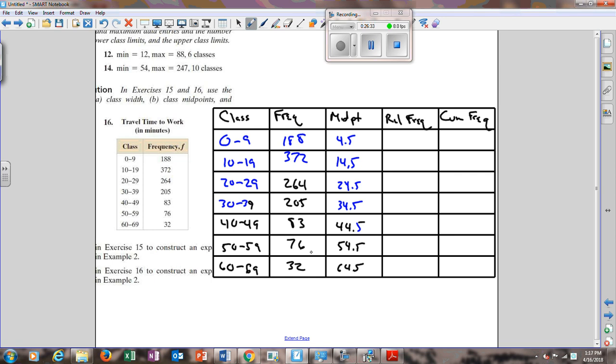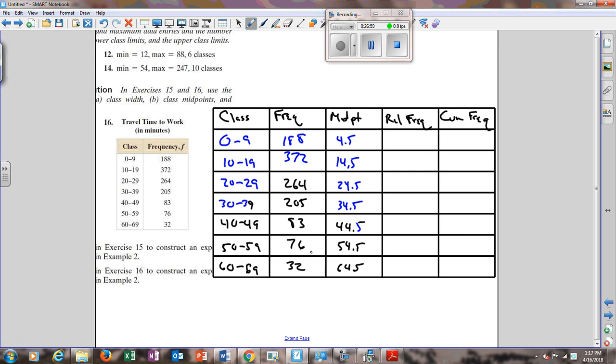Should be 188 plus 372 plus 264 plus 205 plus 83 plus 76 plus 32. Gives us 1,220. And for relative frequency, you just divide whatever frequency is in each class by 1220.